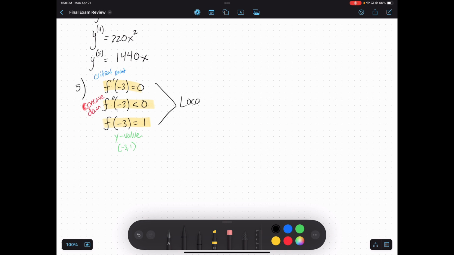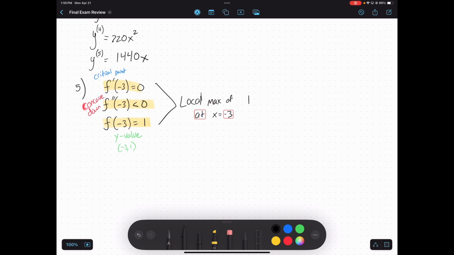I'm working with a local max. Local max of positive 1 at x equals negative 3. So I have a local max of 1 at x equals negative 3. Everybody okay with that? Very nice.